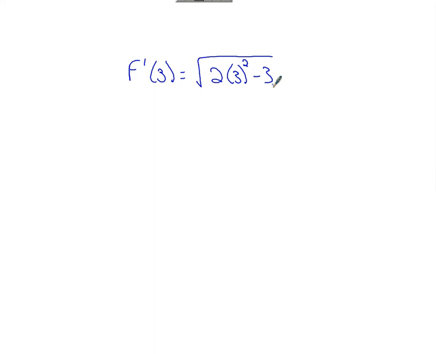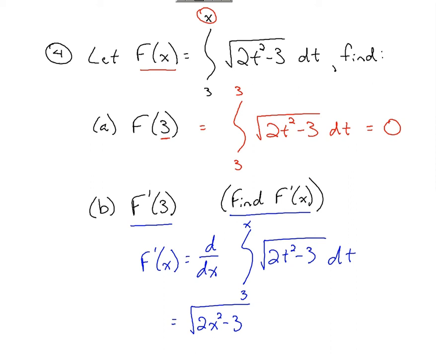So 3 squared, 9, times 2, 18, minus 3, square root of 15. That's f prime of 3. But to get to that point, that's where we're seeing our new application here using the second fundamental theorem.